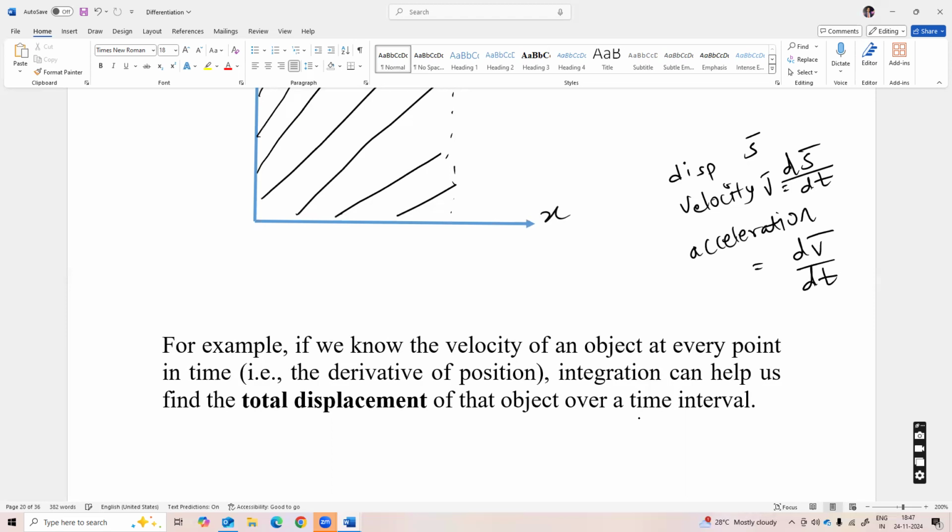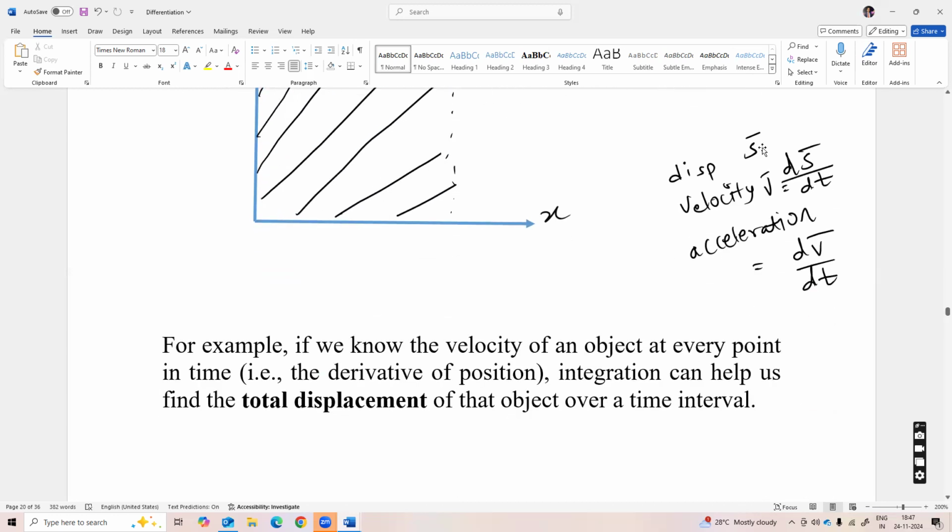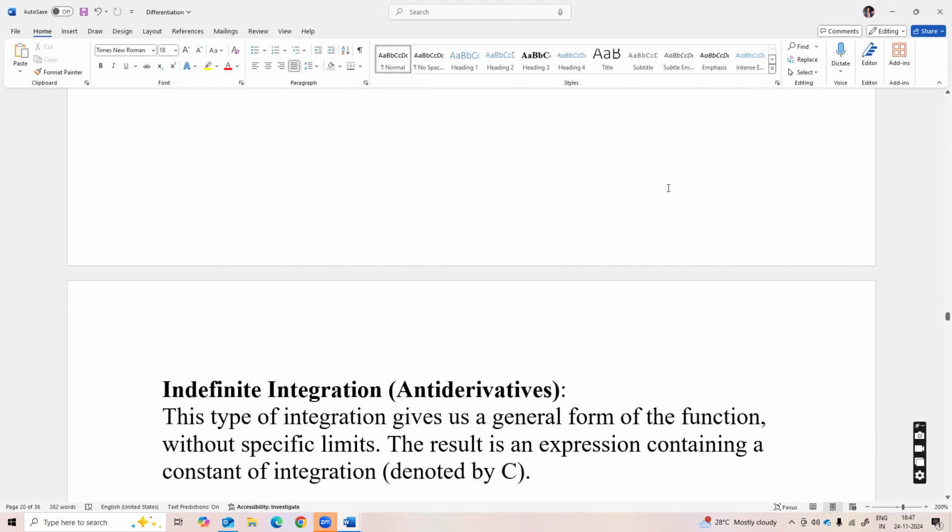On the other hand, if we have a velocity versus time curve and you calculate the area under this curve, this will give you displacement. So both derivative and integration are inverse to each other basically.